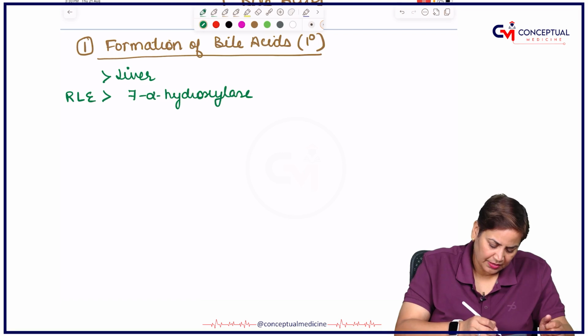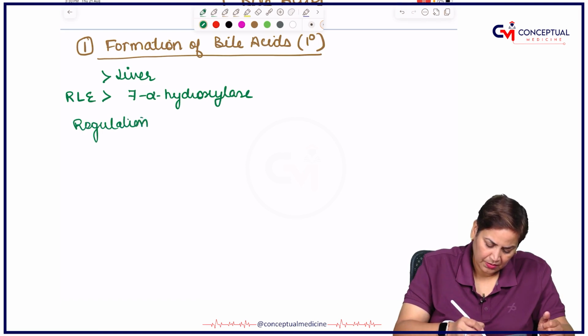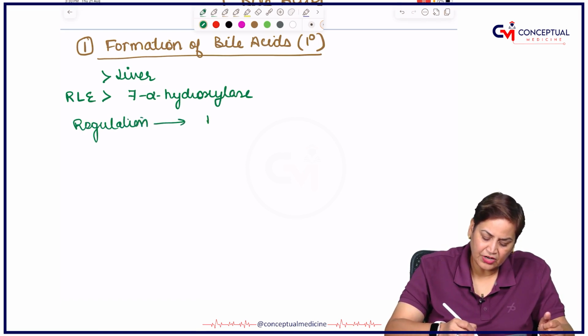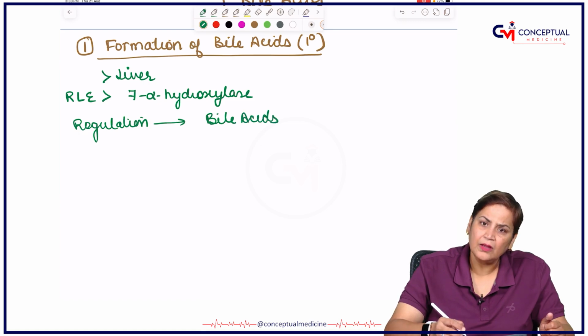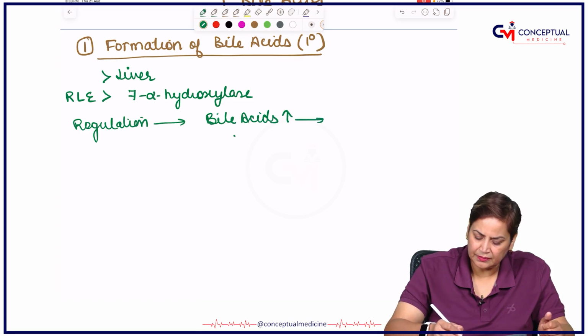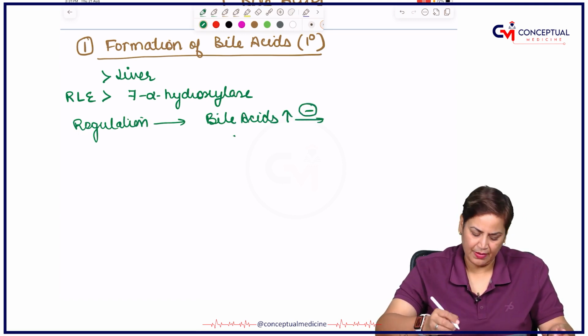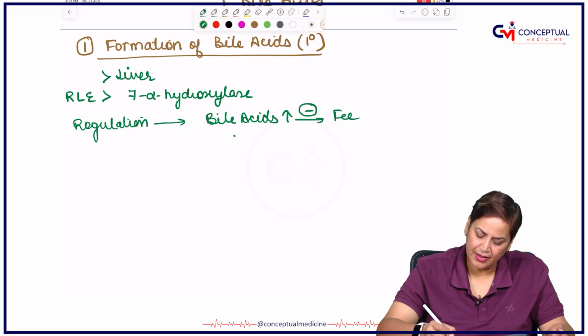The rate limiting enzyme is this, and regarding regulation, we can simply say that if the concentration of bile acids increases, they inhibit their own production, which is feedback. So I can simply say that feedback inhibition is there.